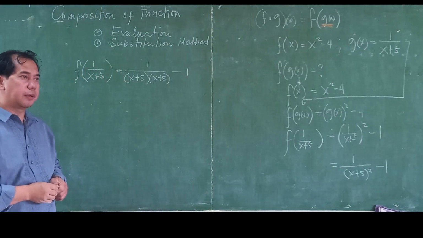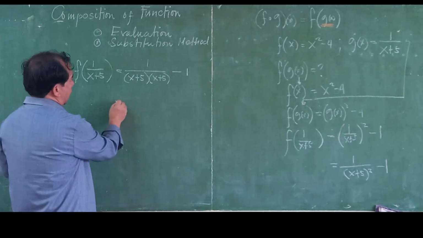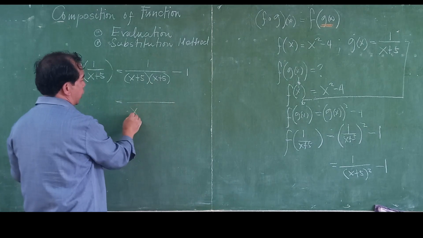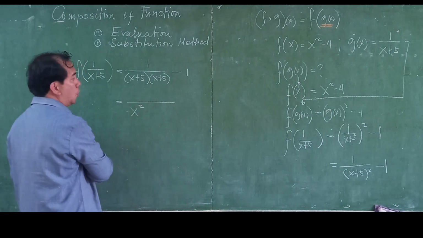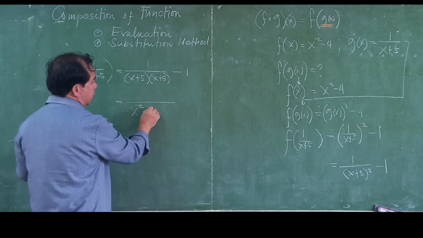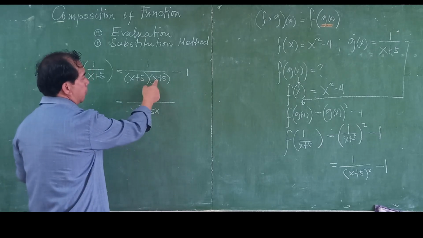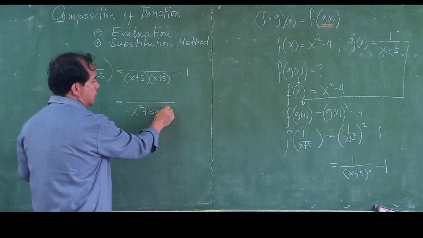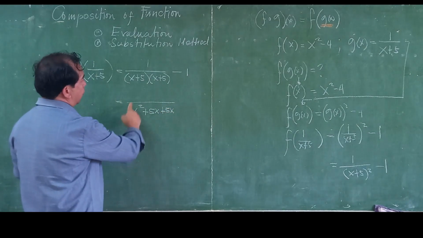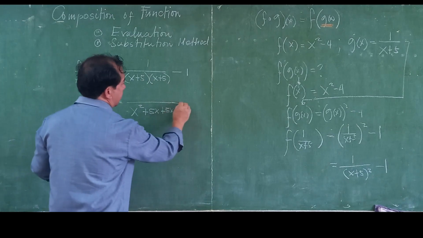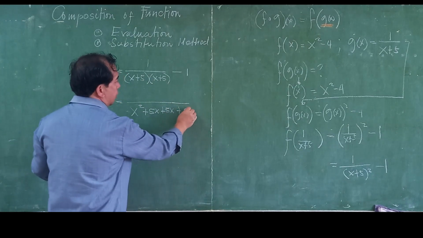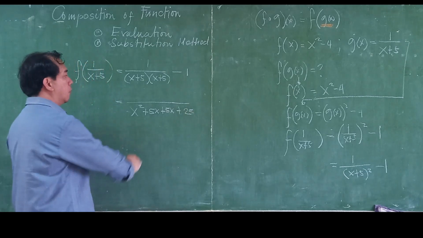Minus 1. Very following. Next. Following x multiplied by x raised to 2. x multiplied by 5 plus 5x. 5 multiplied by x plus 5x. Then 5 multiplied by 5, what is that? 25.